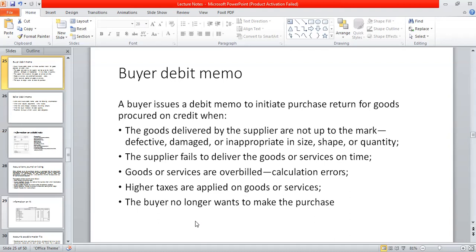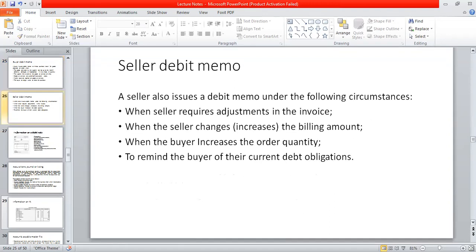Also, when a higher tax is applied on goods or services, maybe there was an error in calculating the taxes, this can also be corrected by the debit note. If the buyer no longer wants to make the purchase, in this case, the buyer also issues a credit note to correct that.